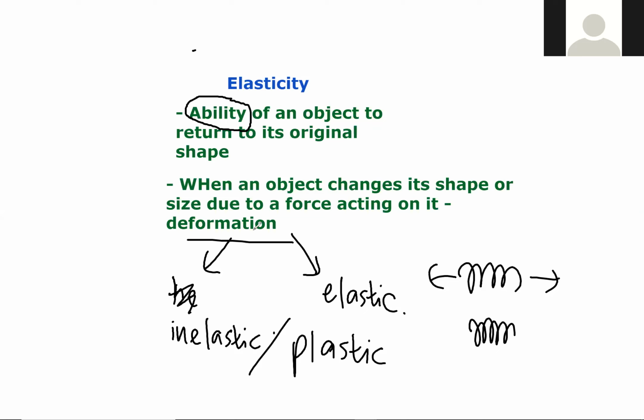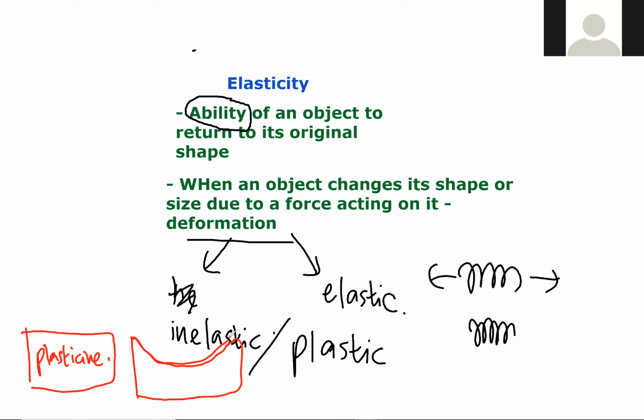Now, inelastic deformation we also can call plastic deformation. Simply, when an object does not return to its original shape. For example, plasticine is the best example. When you press it, it changes shape, bending downward here.